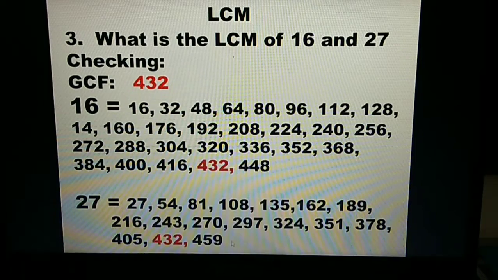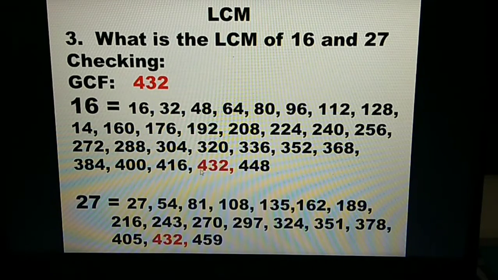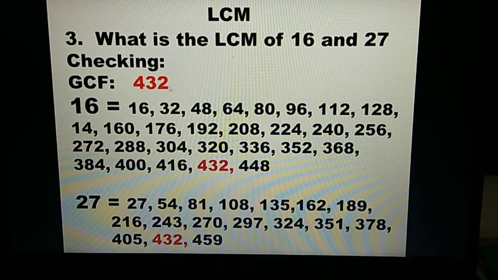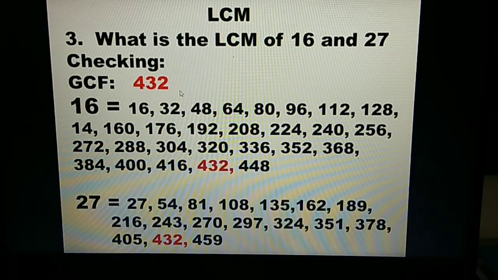So, I'll stop here because nakita ko na yung kanilang common multiple, which is 432. So, our answer is 432, really correct.